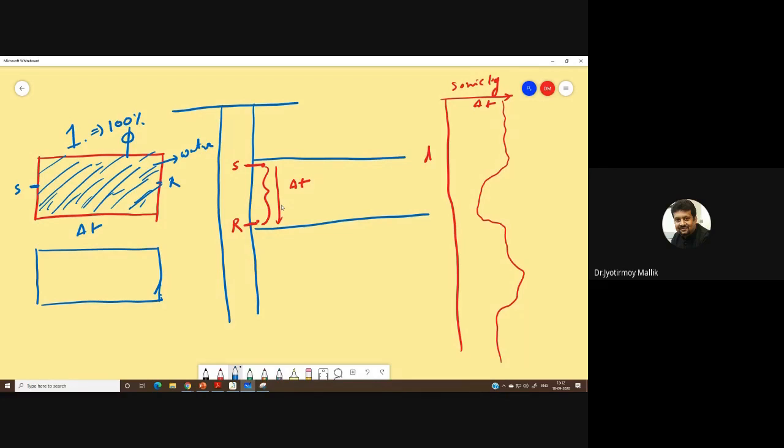Now, say for example, I have a block which is completely filled with sandstone, with no porosity, 0% porosity. This is my second case. Again I have a source and a receiver, and I measure the delta T. This is what we refer to as delta T liquid, and this is what we refer to as delta T matrix.